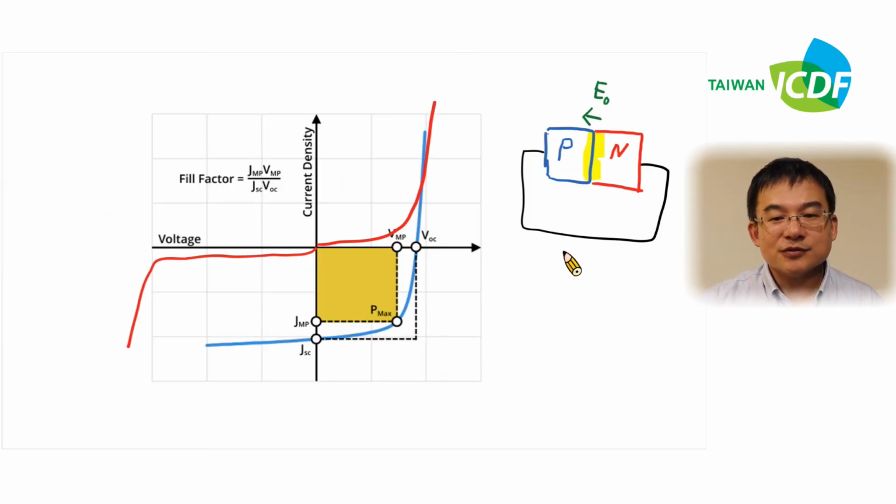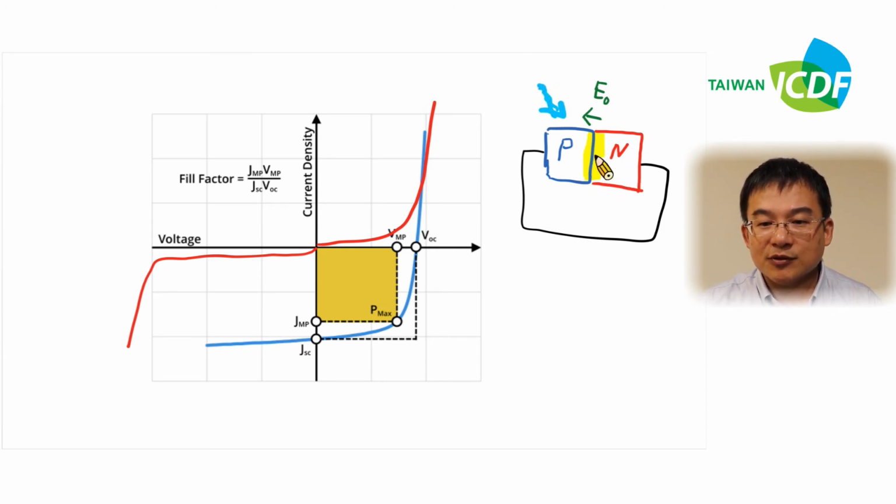So now we know a solar cell is a single p-n junction, and we have the electric field in the depletion region, this yellow area. If light enters the p-n junction, we will produce an electron-hole pair in this area, and the electron will go this way, and the hole will go this way.